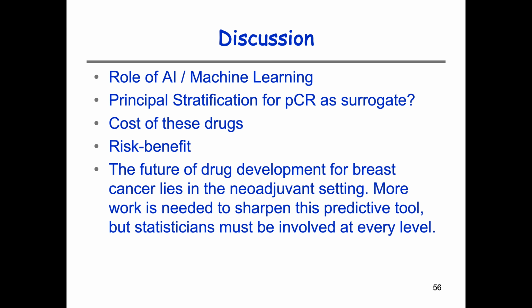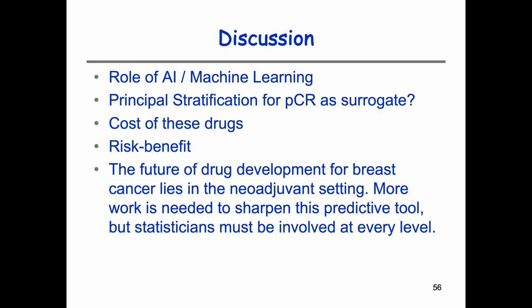Also, what is the role of AI and machine learning? Can that be combined somehow with the I-SPY 2.2 results? And what about principal stratification for PCR as a surrogate? Has anybody tried to use the principal stratification causal inference method to validate PCR as a surrogate?